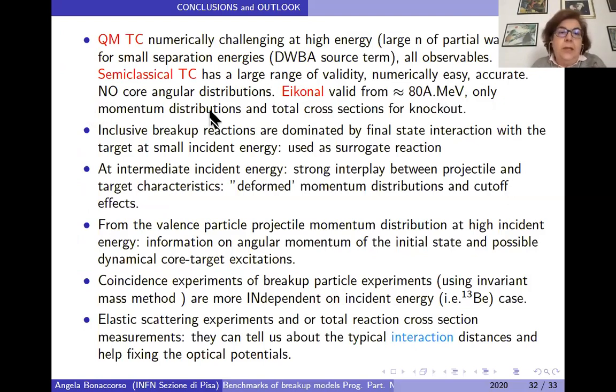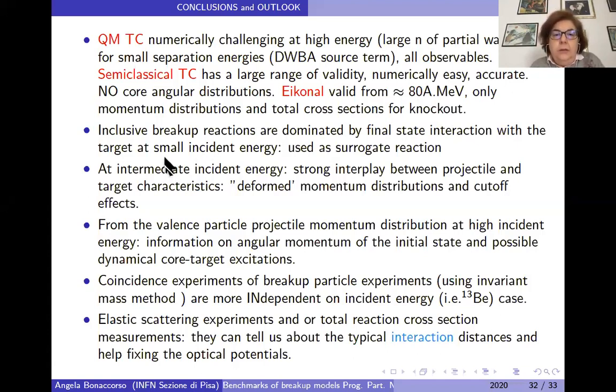I cannot calculate core angular distributions, for example, because the model, in order to be analytical, needs to integrate over the angles. The eikonal cannot deal with resonances of any type, so forget about resonances. If you want to use the eikonal, it's good for knockout, but starting from around 80 MeV. Otherwise, one gets momentum distributions that do not correspond in shape to the experiment.